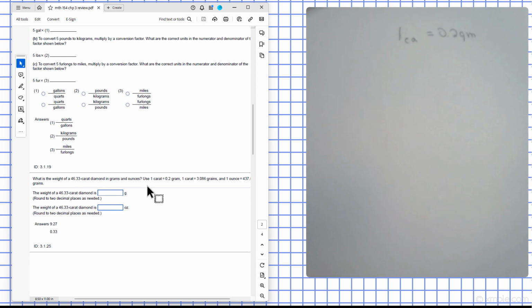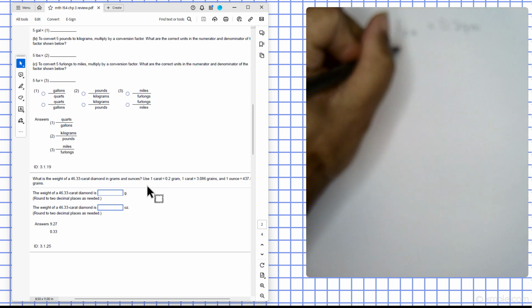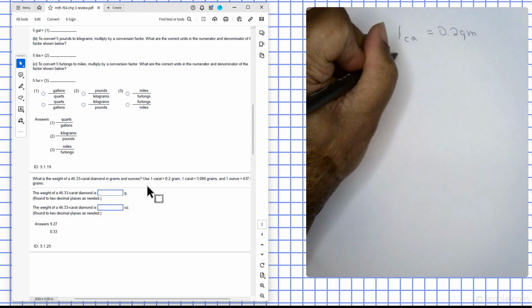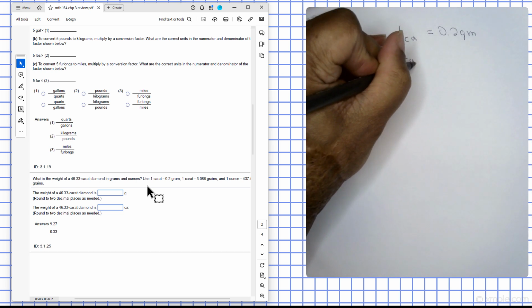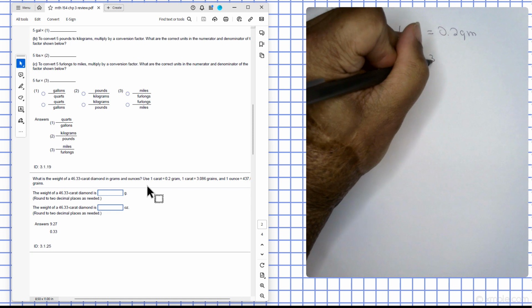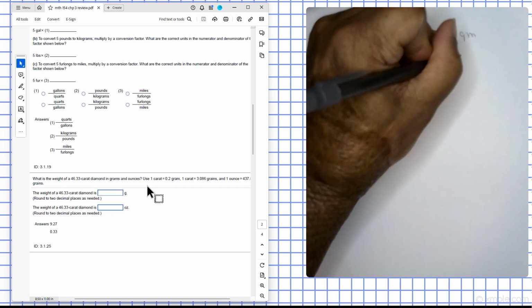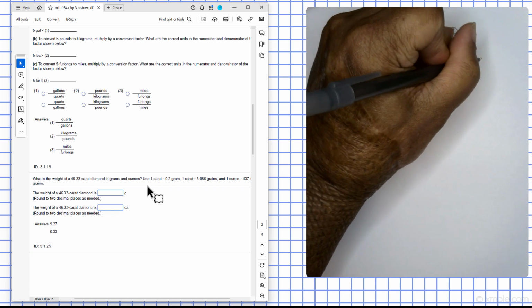Okay, then we will also want to go from carats to ounces. So we're given carats to grains. See, 1 carat is equal to 3.086 grains.